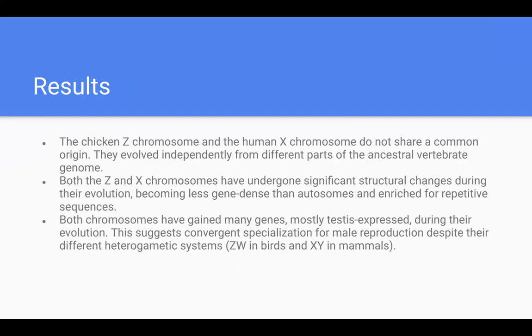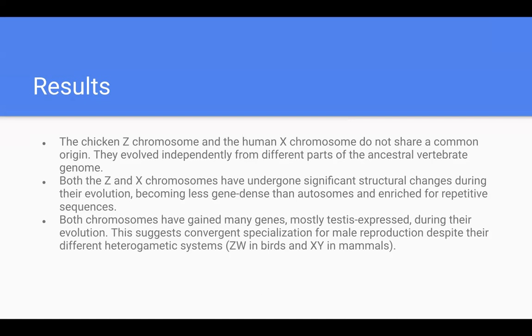The methods described above provided the researchers with the following results. They were able to find that the chicken Z chromosome and the human X chromosome do not share a common origin. They evolved independently from different parts of the ancestral vertebrate genome. Both the Z and X chromosomes have undergone significant structural changes during their evolution, such as becoming less gene dense than their autosome partners and also becoming enriched for repetitive sequences.